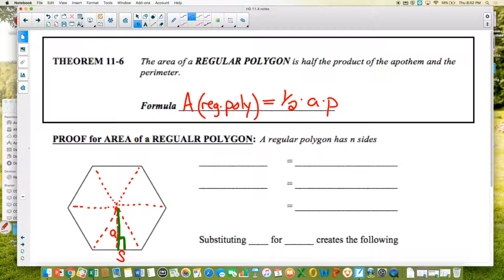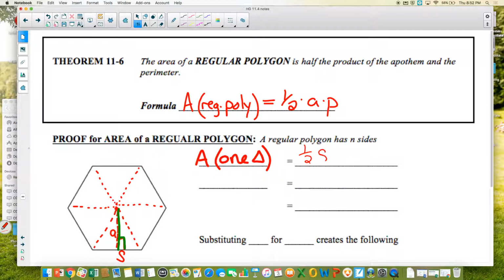The area of one triangle is equal to 1/2 times the base times the height.